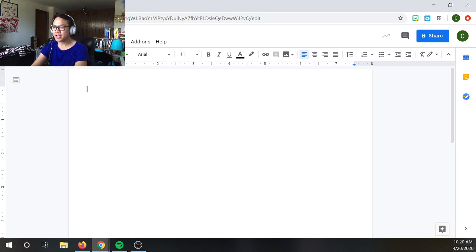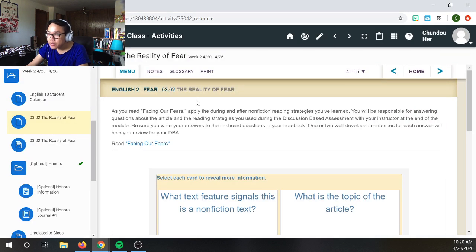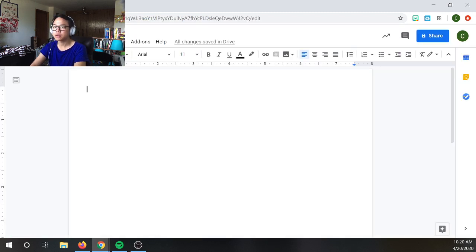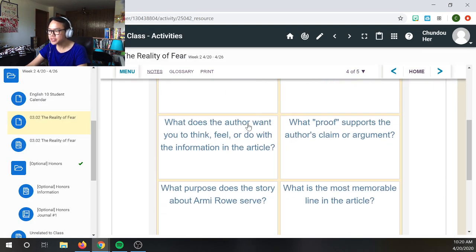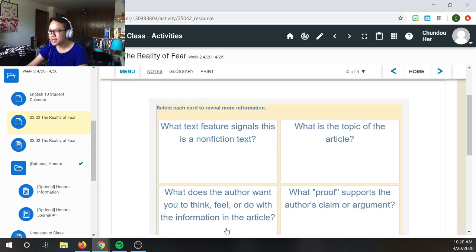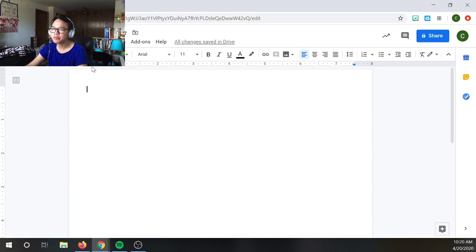I'm just going to title my doc Facing Our Fears notes. Because this is in the structure of some boxes, I think I want to keep that structure for myself as well.